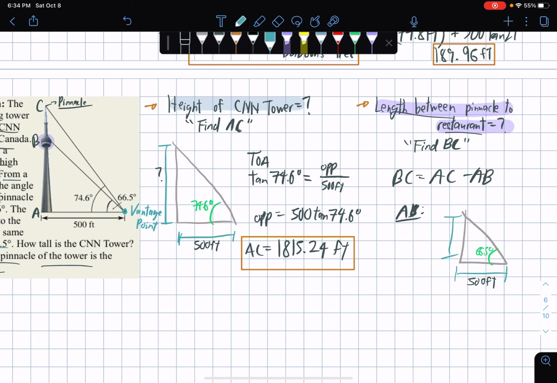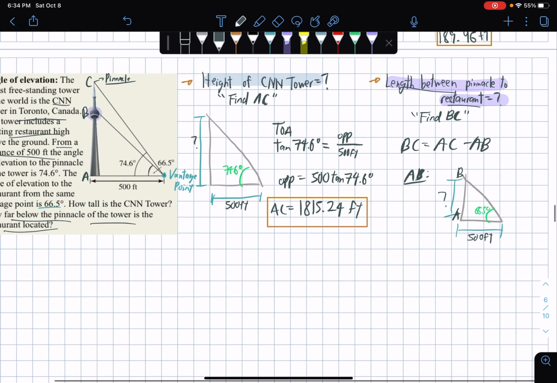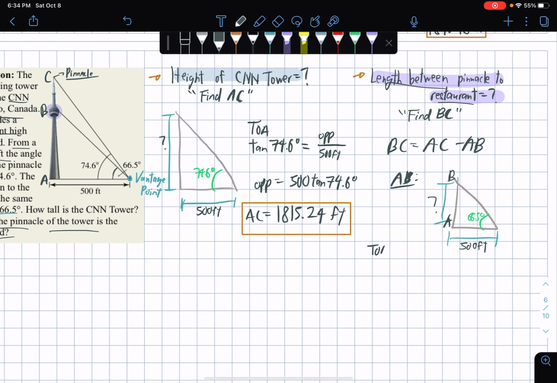And this measurement here is missing. This is AB, correct? So what we want to do now is still use TOA. So tangent 66.5 degrees is equal to the opposite side, which is AB, divided by 500 feet. So AB is equal to 500 tangent 66.5, which is equal to 1149.92.